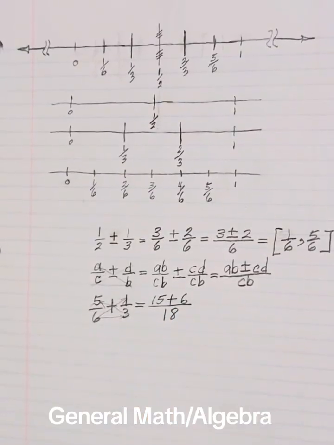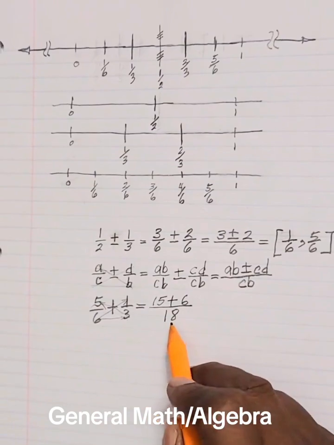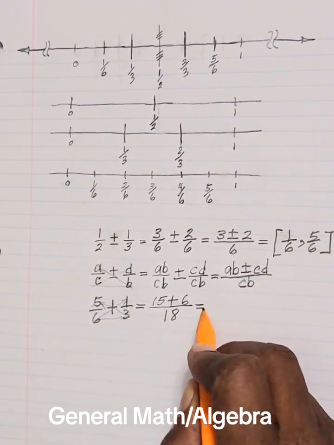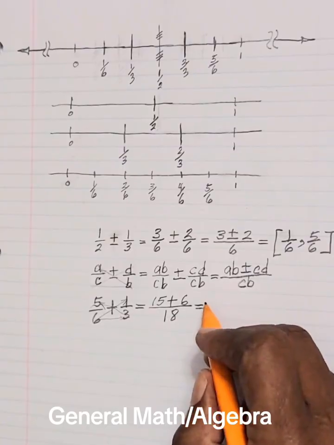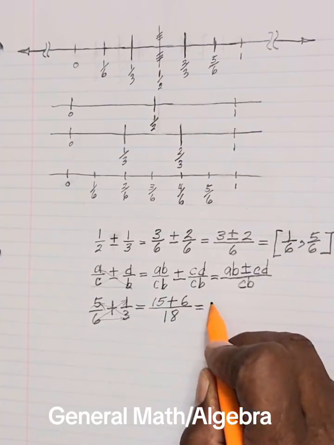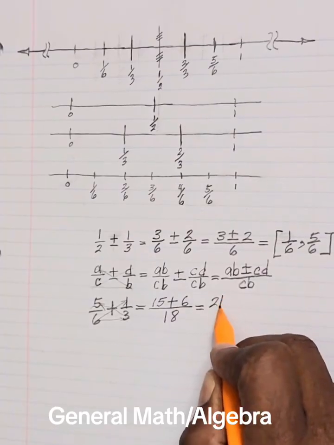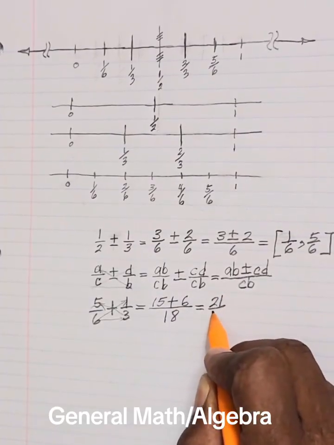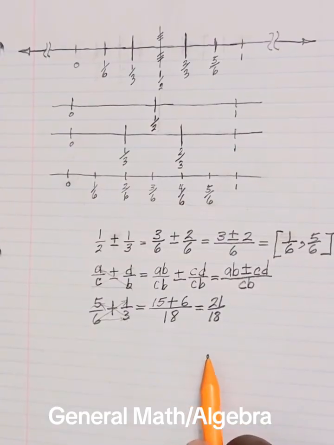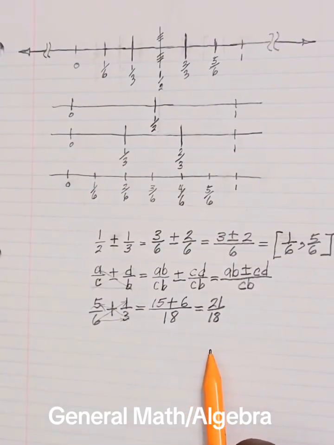It always works. Now all you have to do is just add these, and you'll get, you only need 5 more to get to 20, so this is 21 over 18. And there you go. It always works.